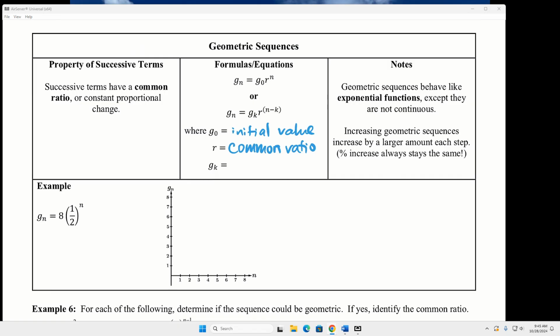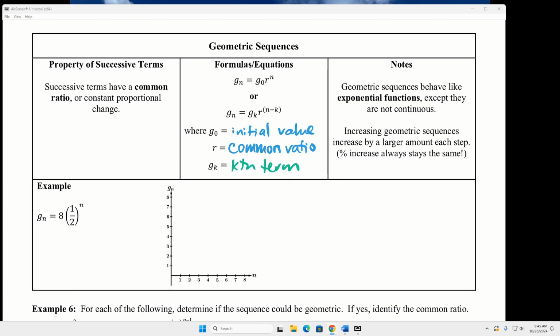A is for arithmetic, G is for geometric. So G sub K is going to be the kth term. Now using that one does make multiple choice questions a little more challenging because you have to figure out which term they used. Sometimes it's obvious, sometimes it's not, so you just have to be careful. But in general, it is definitely the more useful equation.